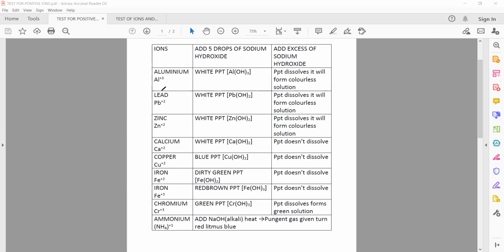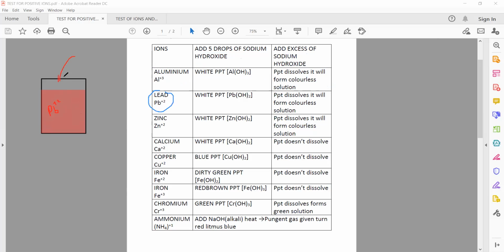Same thing, if the lead salt is there, meaning the salt contains lead. You have a container, and this container has lead ion. A solution of a salt which contains lead ion is there. Any other ion can be there, but it is lead ion.